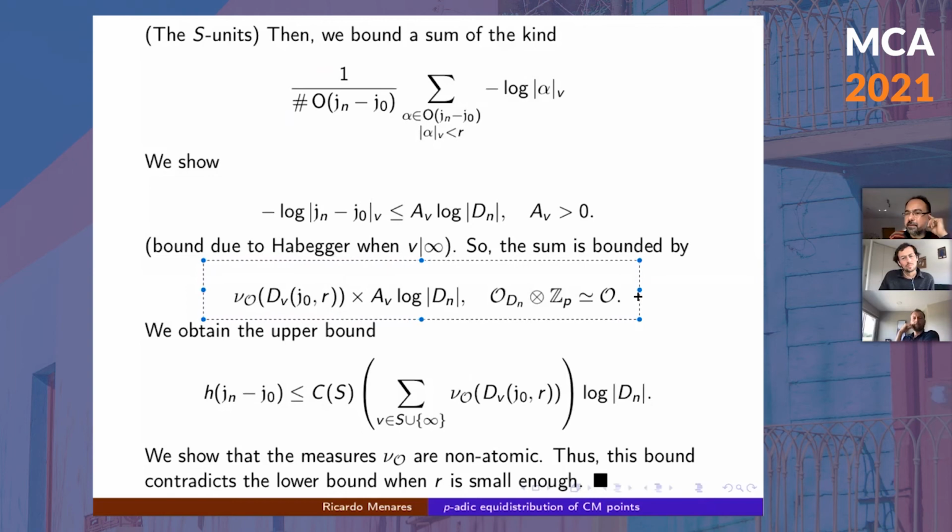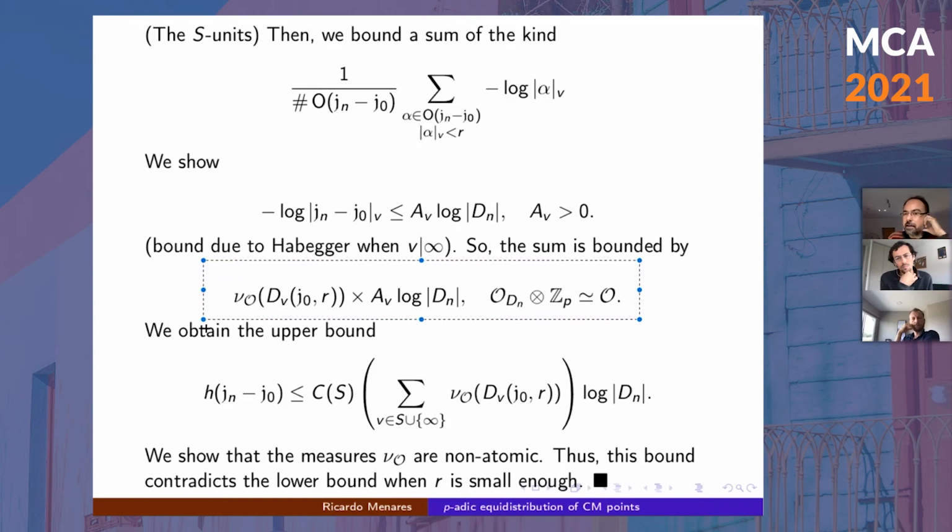Something I should have said at the beginning is that since we are reasoning by contradiction, we can assume that the p-adic value of the discriminant is fixed, because we can take a subsequence where that happens. So this average of log of alpha is bounded by the measure times the upper bound, which is a logarithm of the discriminant.